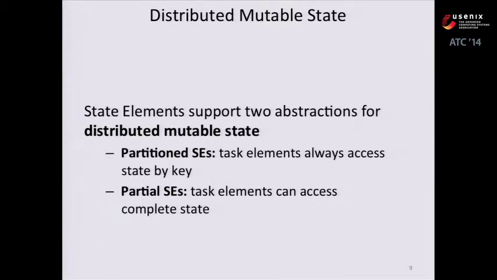We have a partitioned state element abstraction, which is used by those task elements that always access the state by key. And when that is not possible, we have a partial state element abstraction, which is used when you want to access the whole state.